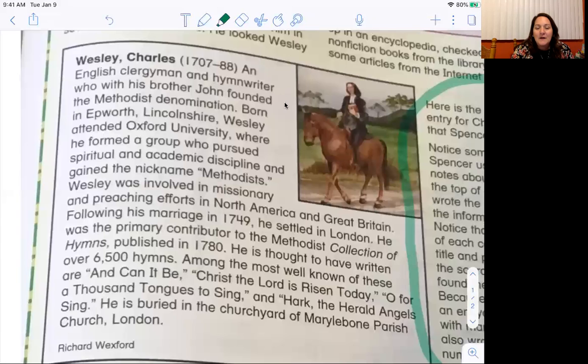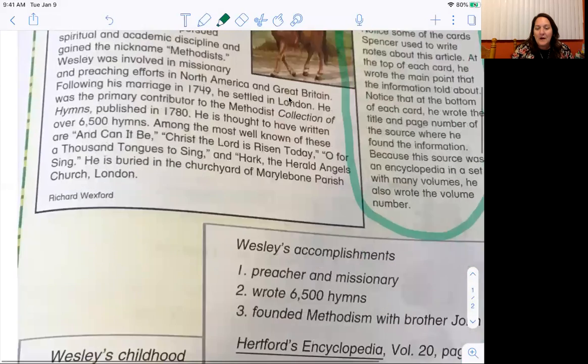He was the primary contributor to the Methodist collection of hymns, published in 1780. He is thought to have written over 6,500 hymns. Among the most well-known of these are And Can It Be?, Christ the Lord Is Risen Today, O for a Thousand Tongues to Sing, and Hark! The Herald Angels Sing. He is buried in the churchyard of Marylebone Parish Church, London.